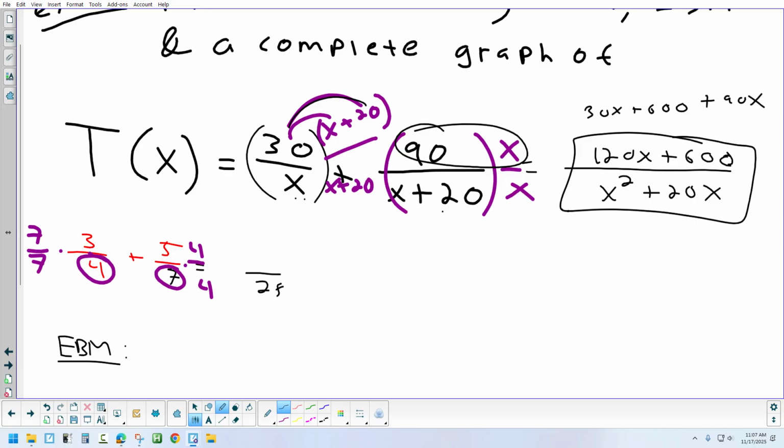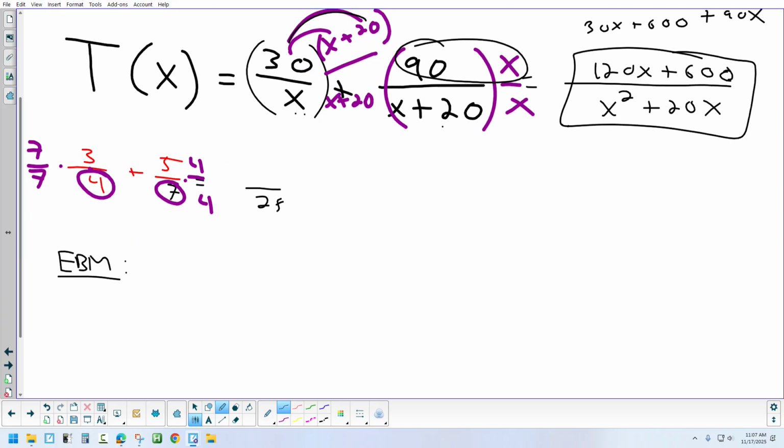What's the highest degree term in the top? 120x. And what's the term with the highest degree in the bottom? X squared. And when you reduce that, what do you get? 120 over x. So that is our EBM.